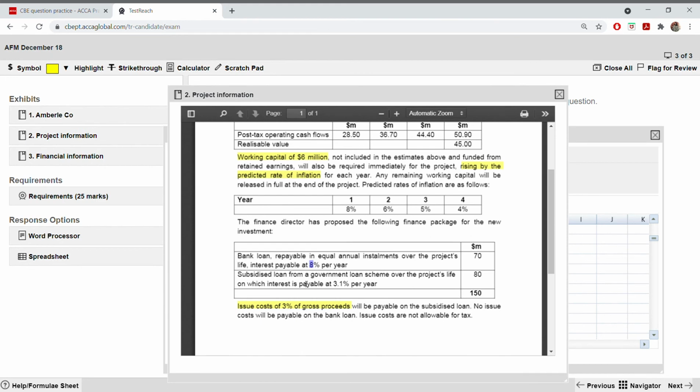Let us go to the bank loan and see. Bank loan repayable in equal annual installments over the project's life. So we have to find what those equal annual installments are. That means there's 70 million. In each year, how much will be paid? It has to be equal, annually, all 4 years. So 70 divided by the annuity factor.